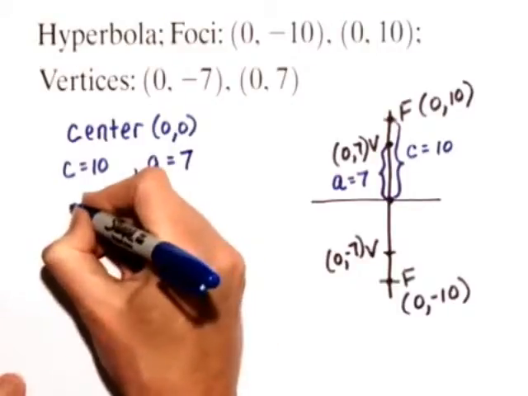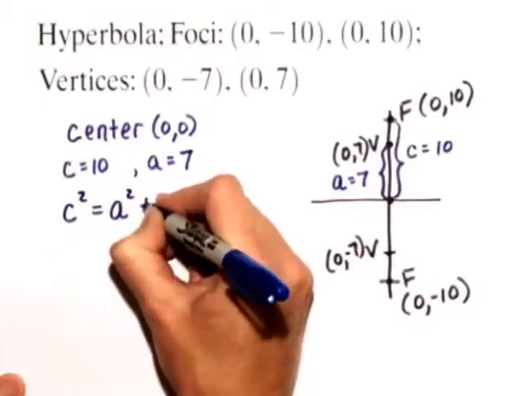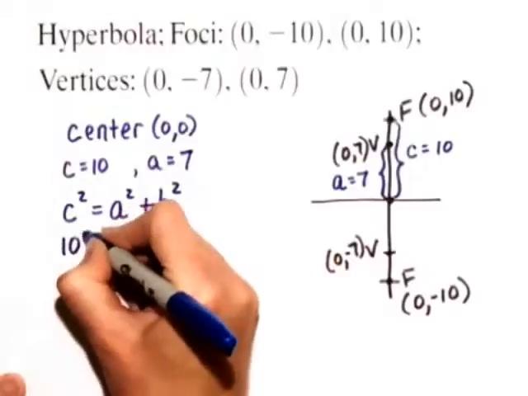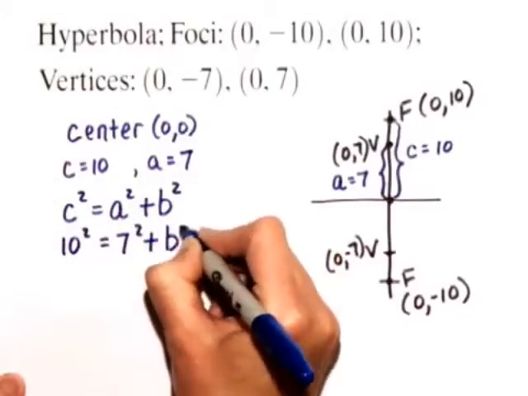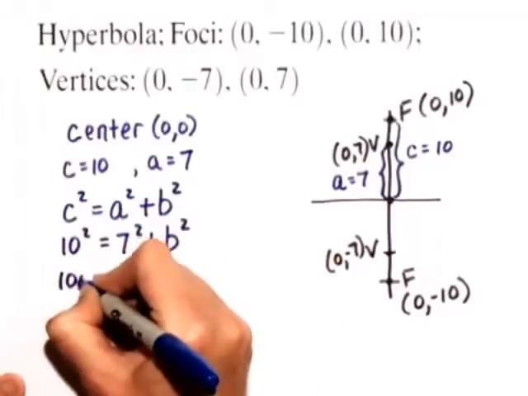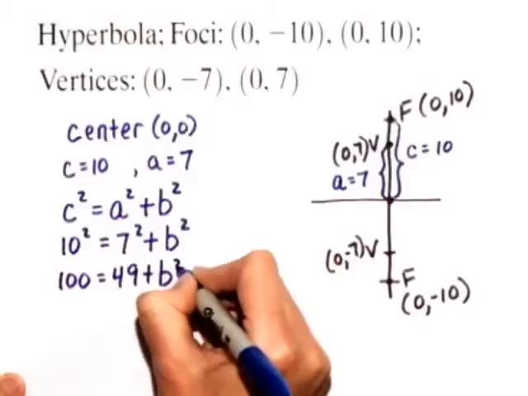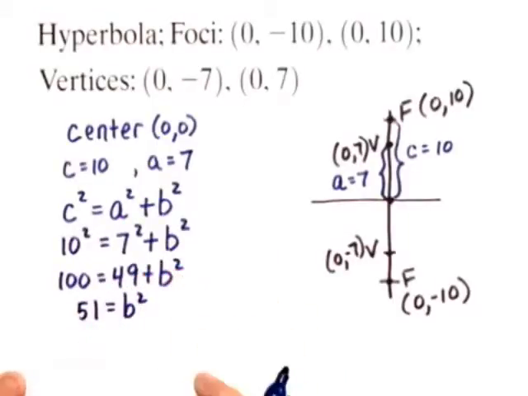So in a hyperbola, c squared is equal to a squared plus b squared. So we have 10 squared equals 7 squared plus b squared. 100 equals 49 plus b squared. So 51 is equal to b squared.